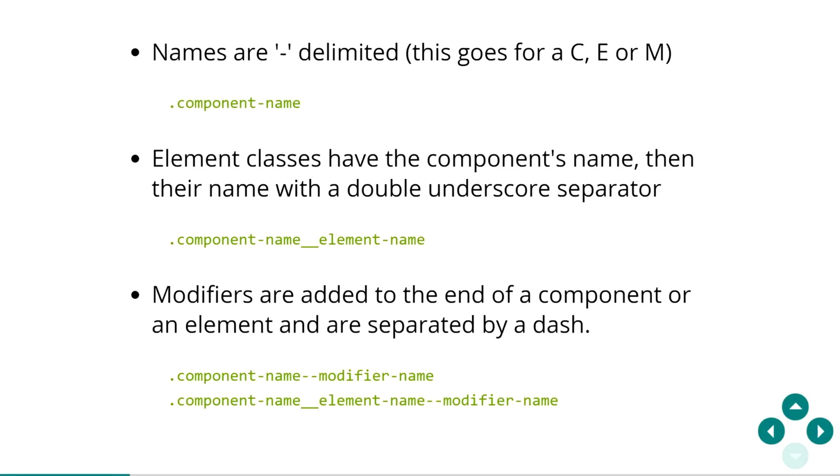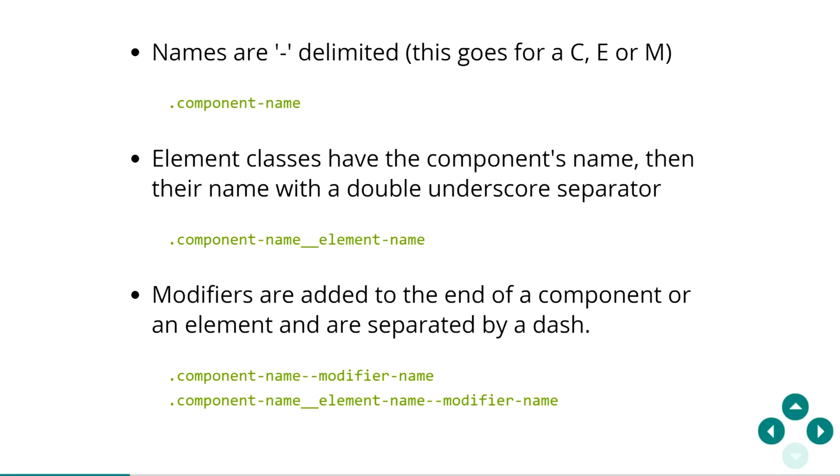So this is what it looks like. A component, element, or modifier can have multiple words in it, and those will be delimited by dashes. When you have a component, you just write the name of the thing. When you have an element, you write the component that it comes from, then 2 underscores, and then the element name. This will make a little more sense in a second.